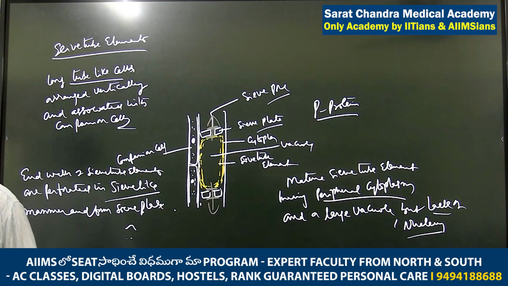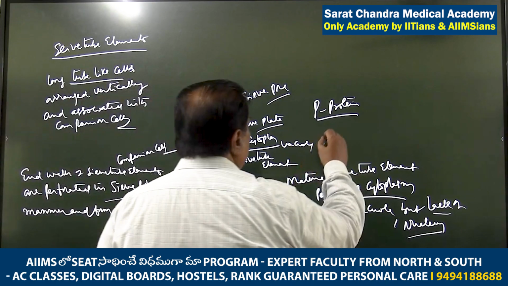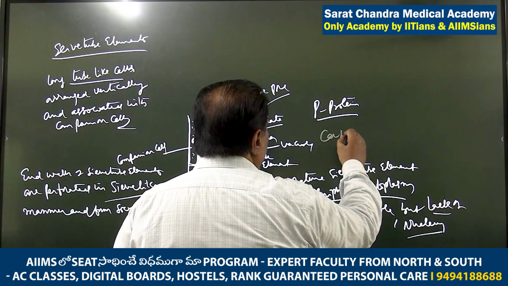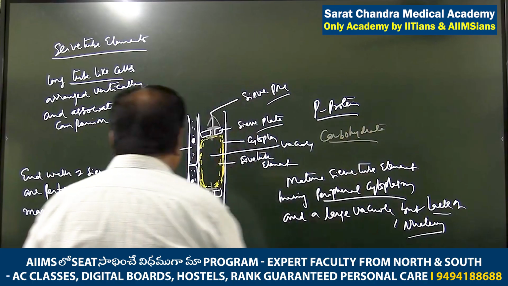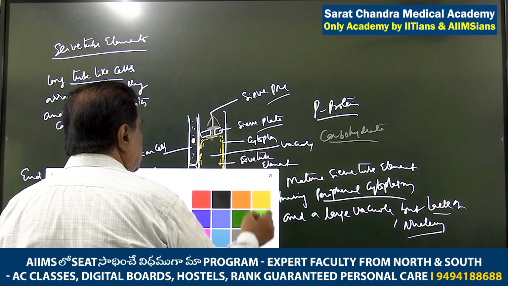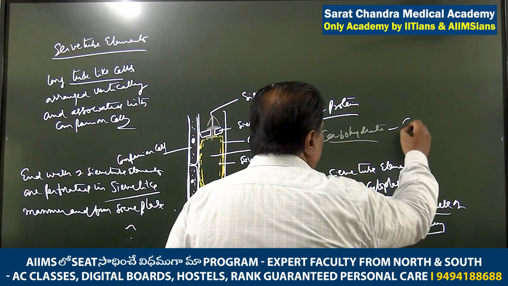When the sieve tube elements become older, a carbohydrate compound is secreted. That is called callose.